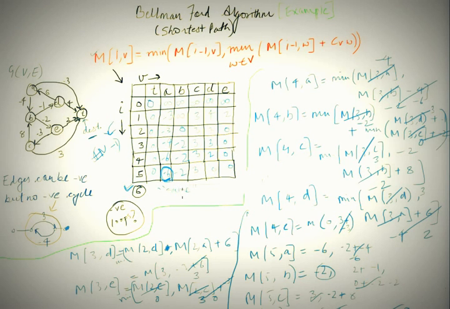If they do, there are no negative cycles and this is the right answer. But if any value decreases, it would indicate there is a negative cycle in this graph, and hence you cannot calculate the shortest distance using the Bellman-Ford algorithm.